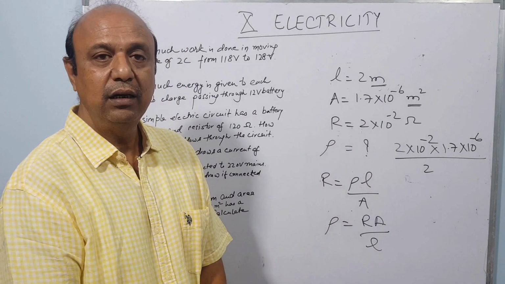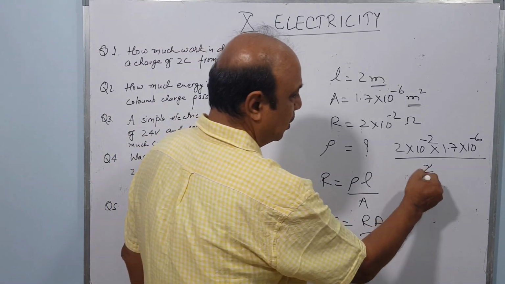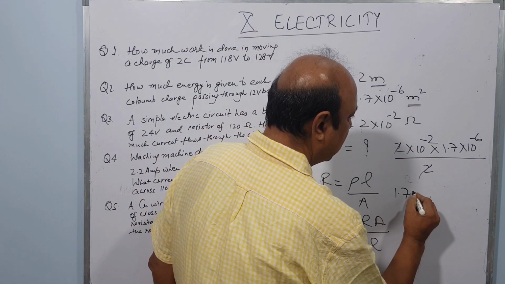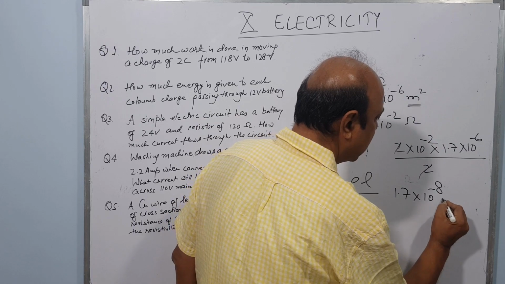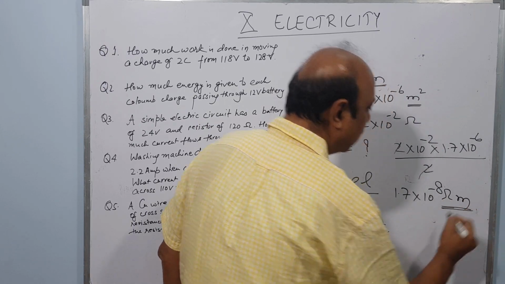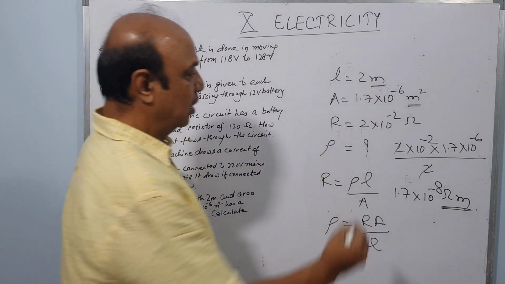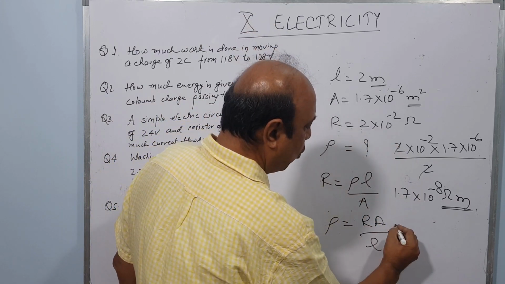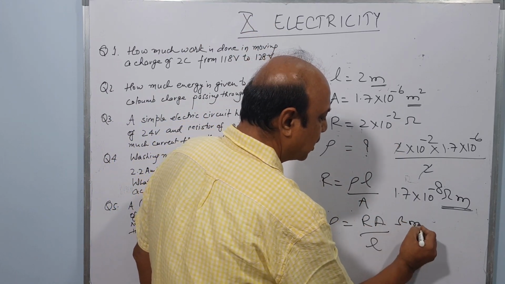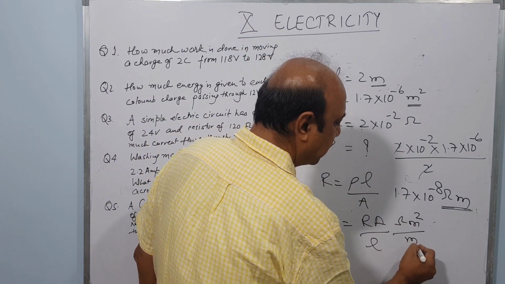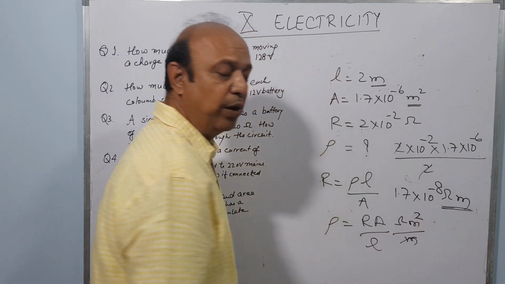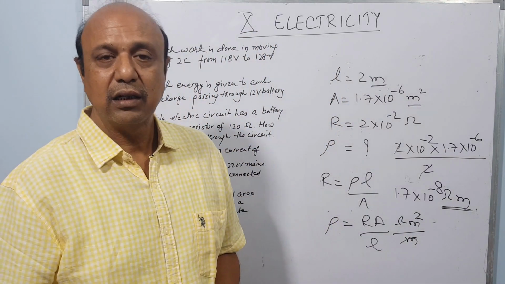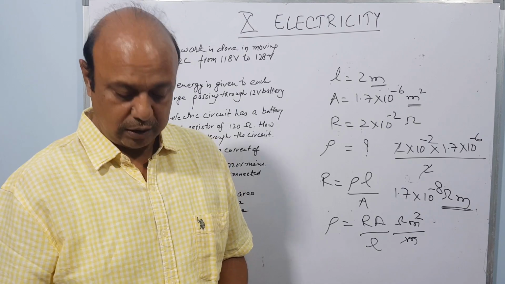Is it easy? Yes. 1.7 into 10 to the power minus 8 ohm meter. Why ohm meter? Unit of resistance is ohm, area is meter square, length is meter, so meter gets cancelled, leaving ohm meter. This is also called specific resistance.